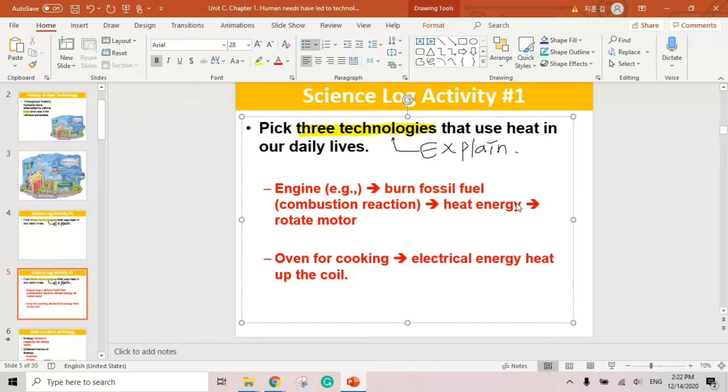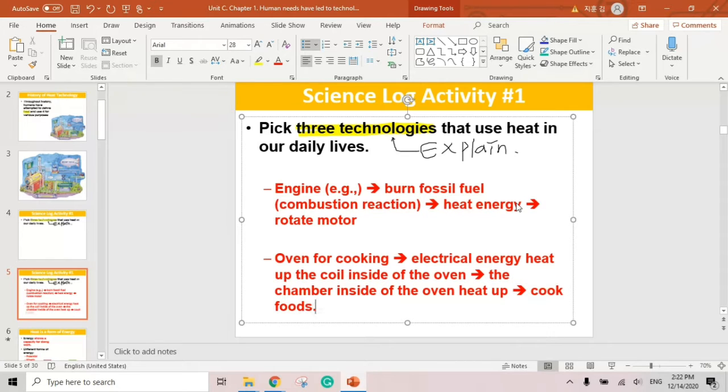Electrical energy basically heats up the coil inside of the oven. And once that happens, the chamber inside of the oven heats up, and that will let me cook food. You can think of it in that way.